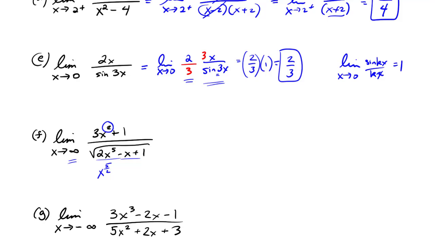Because if I neglect this part here, then I would get the square root of 2 times x to the 5/2. So I can use that as a basis of what power the denominator is. So the 2 on top and basically 2.5 on the bottom as exponents mean that the denominator dominates. So the denominator dominating is going to mean that this thing is going to end up going to 0.